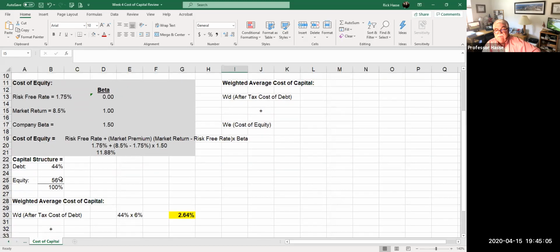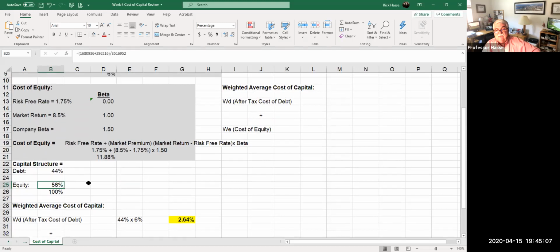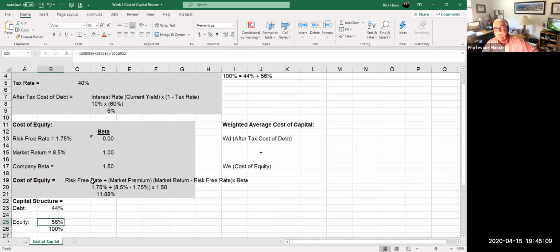44% debt, 56% equity. So now the weighted average cost of capital is the weight of the capital structure times the after-tax cost of debt plus the weight of the equity position in the capital structure times the cost of equity.